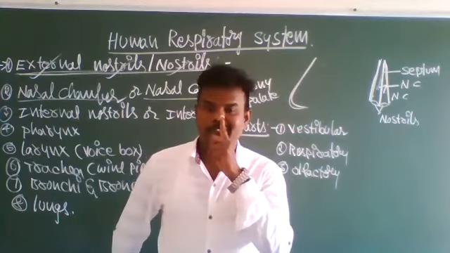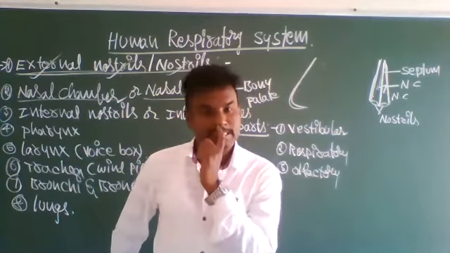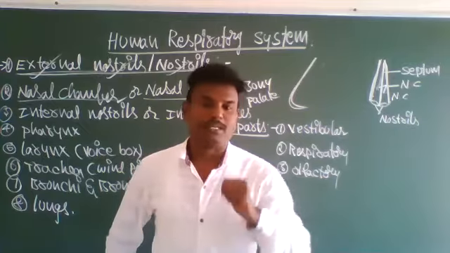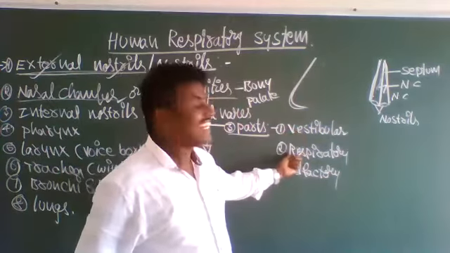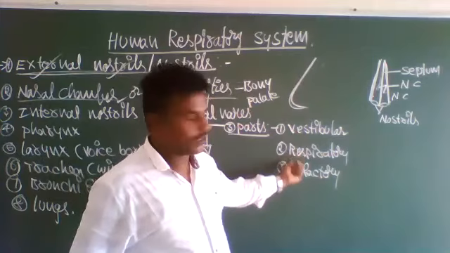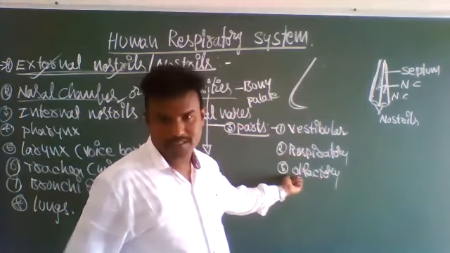One is the vestibular part, the second one is the respiratory part, and the third one is the olfactory part. First of all, let us see the vestibular part.